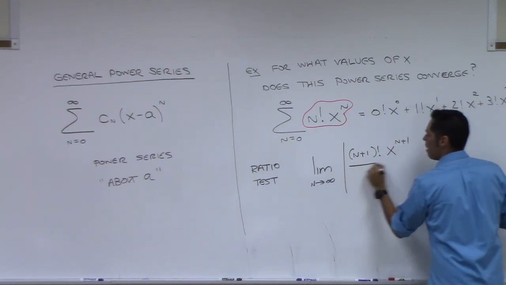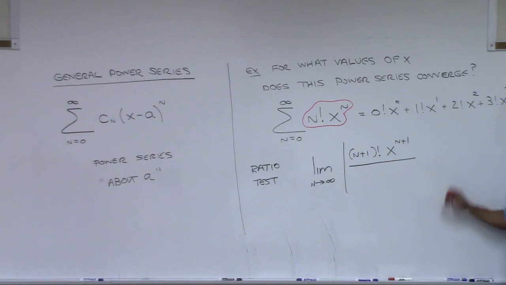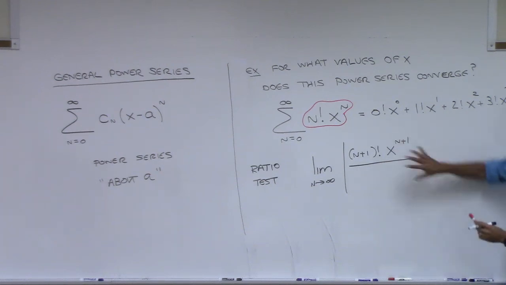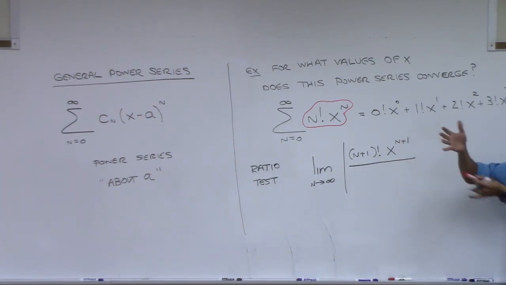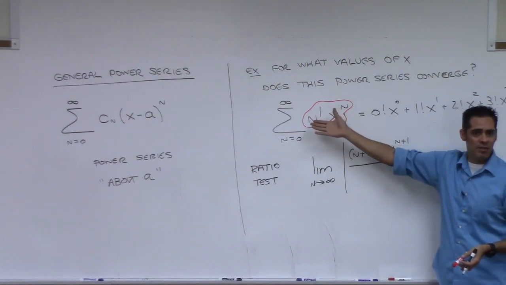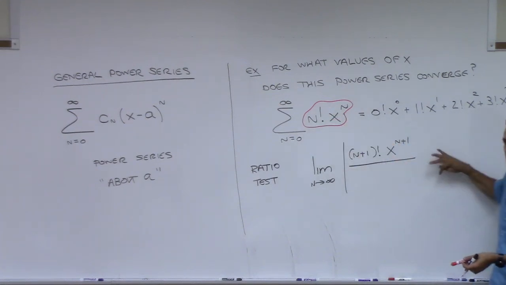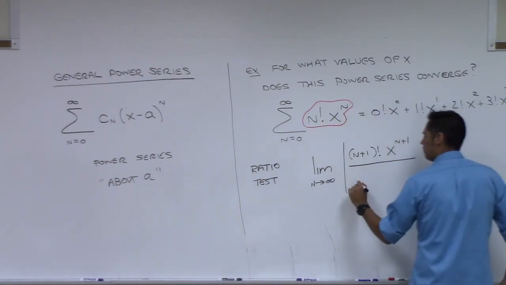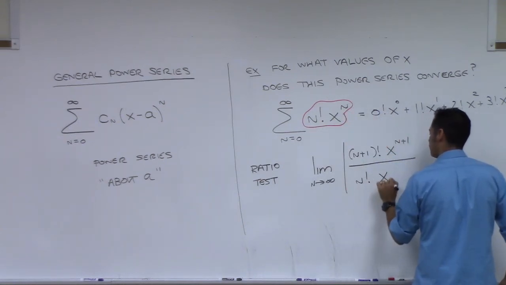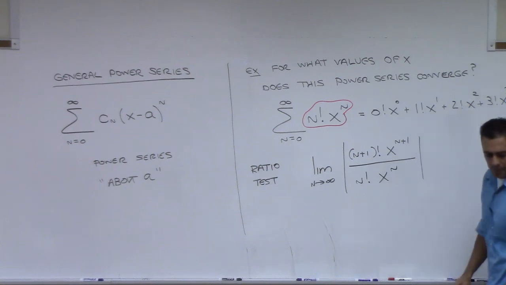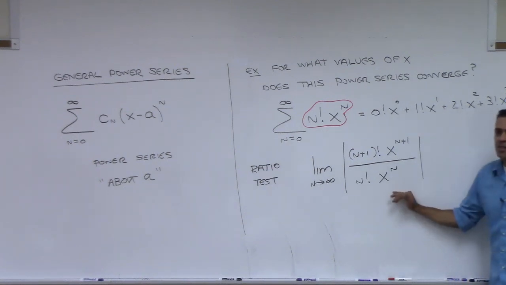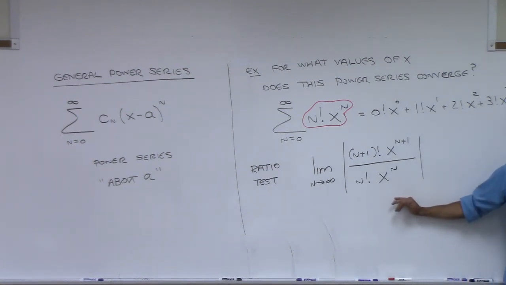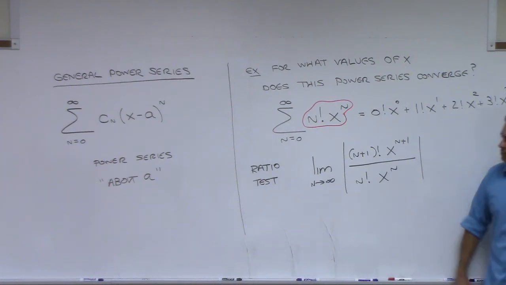And I divide that by what? That, right? Now, the reason I'm not doing that reciprocal thing is because I don't have a fraction to start, right? This wasn't a fraction to start. That's why I'm not writing a fraction and then the reciprocal next to it. It's just this with n plus 1 plugged in and then that. Okay. I want to know what happens to this as n goes to infinity, right? Let's see what happens.